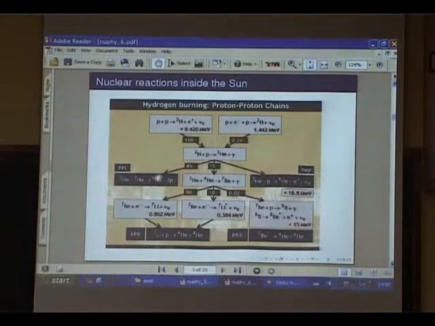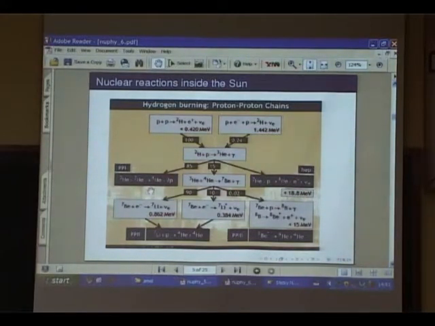This happens about 85% of times, this happens 15% of times, and this happens for the remaining very small fraction. This reaction has not given any neutrinos, it has given gamma. Now this reaction, 85% of times you get helium-3 plus helium-3, giving you helium-4 plus 2 protons. No neutrinos, that's fine. The cycle ends here. You get helium-4 and the cycle essentially stops.